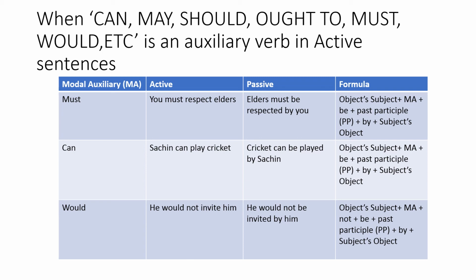Now the third sentence is also the same. Here it is in the negative form. So you just look at where the negative word not has been introduced. That's the rule. You just bring not into the sentence and put the auxiliary verb and other things as they are. So the sentence is correct.